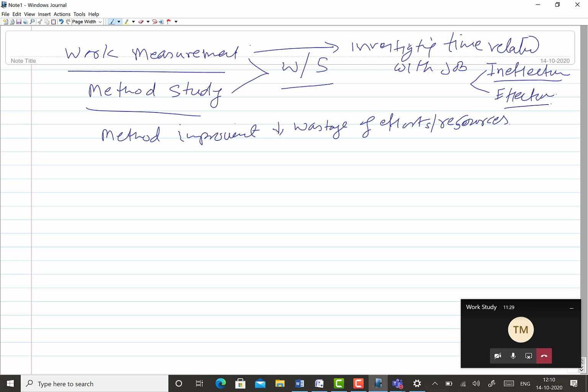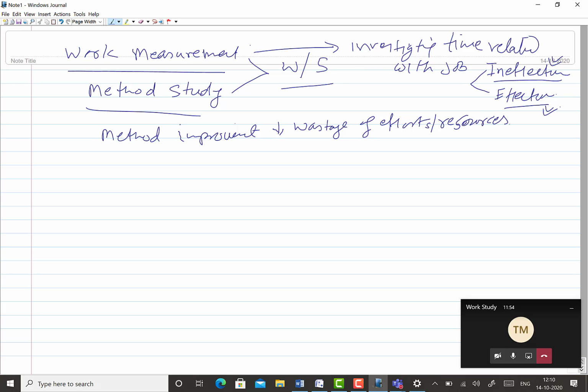So in terms of the time, we are able to know through the work measurement how much time is being wasted in ineffective activities or effective activities, not just the type of productive or non-productive activity, but the quantity or the amount of the time which is being wasted. So this is the main thing.